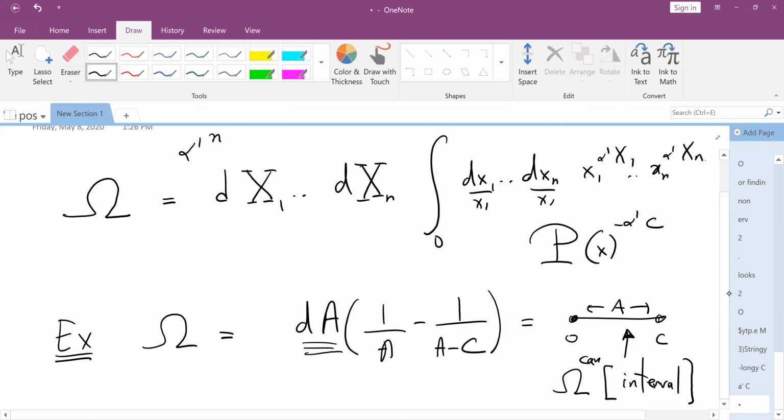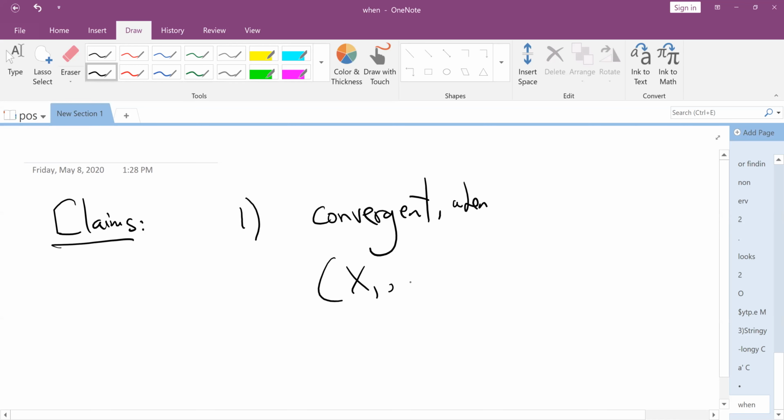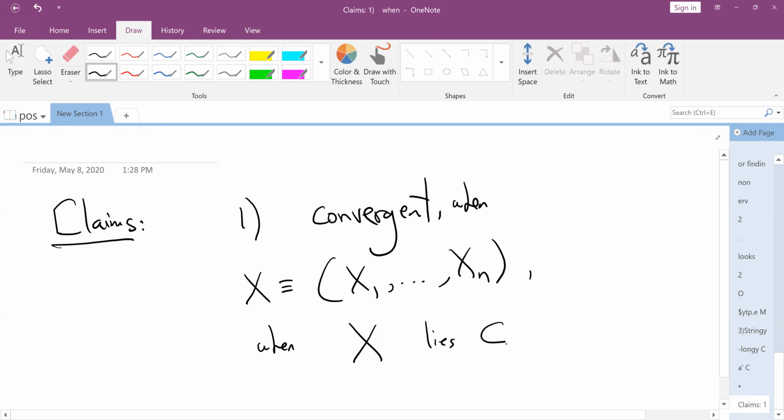Okay, but here are the claims. So here are the claims. Claim number one is when the integral is convergent, when I group all these exponents, these x's, together into a big vector x, when x lies inside a certain polytope.